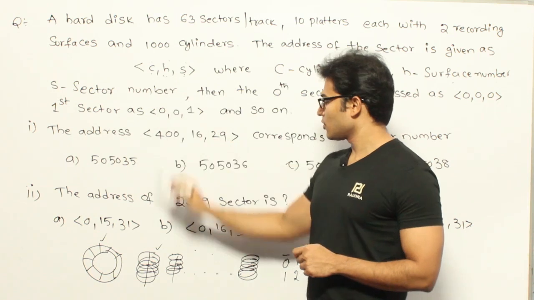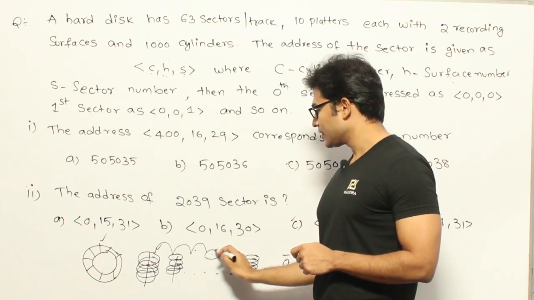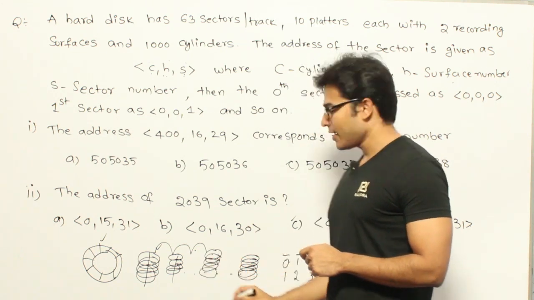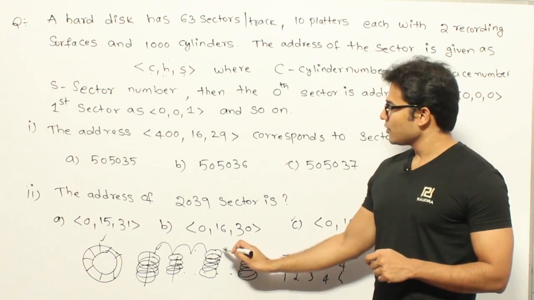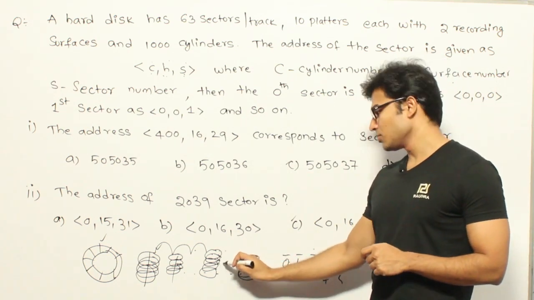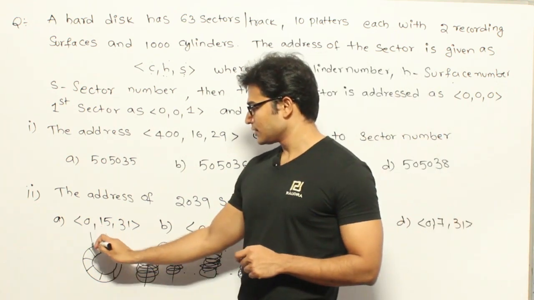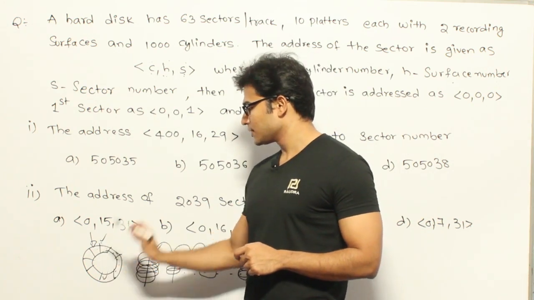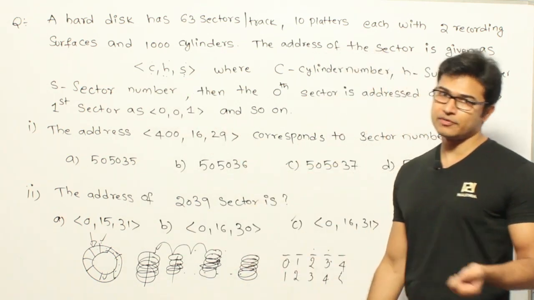After crossing C cylinders, you are going to reach the cylinder in which there is this sector you are talking about, and even after reaching that cylinder, you are supposed to cross H surfaces, 1, 2, 3, 4 like that, in order to reach the exact surface. Even after reaching this surface, you are supposed to cross S sectors in order to reach the sector you are talking about. Therefore C, H, S can be interpreted that way, right?